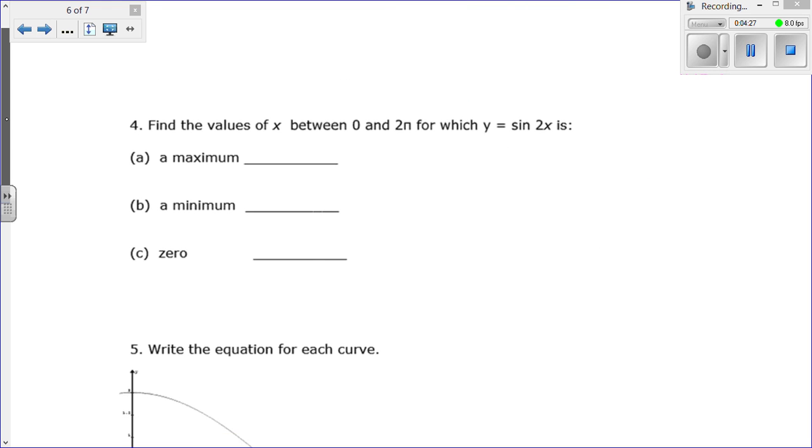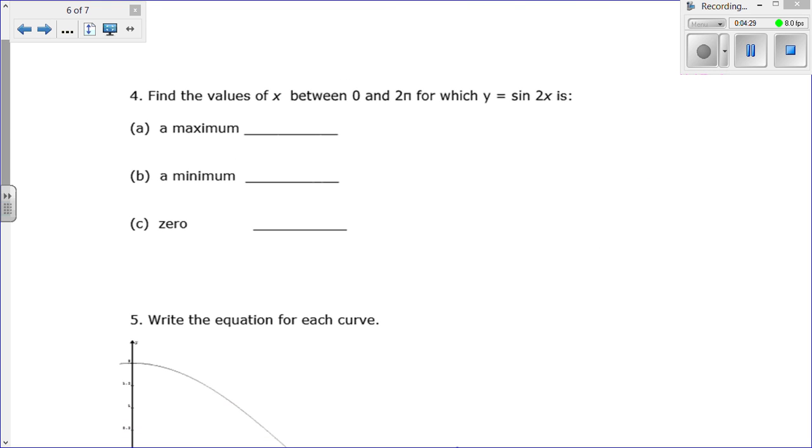Find the values of x between 0 and 2 pi for which y equals sine 2x is a maximum, b, a minimum, c, 0. Well, this is what we need to look for. A is my amplitude, and the absolute value of a in this case is 1. B is my frequency, which is 2.